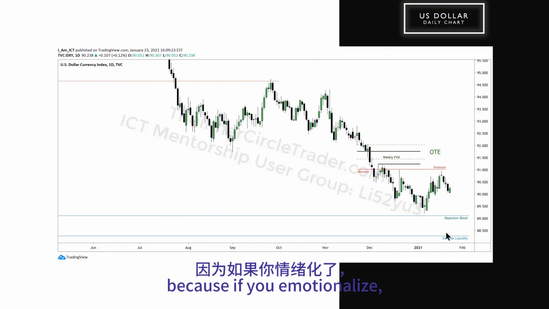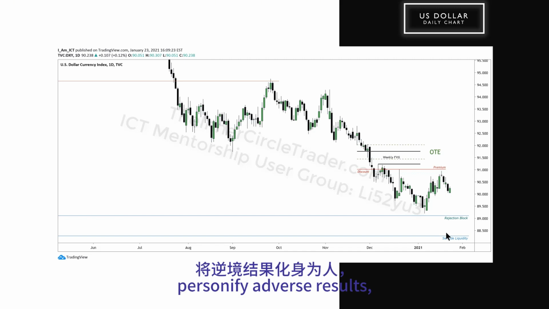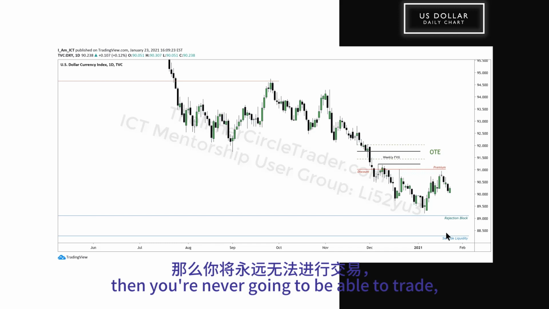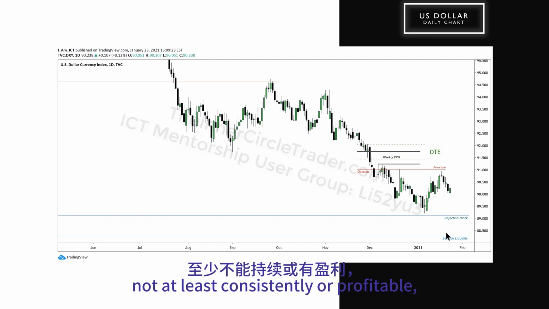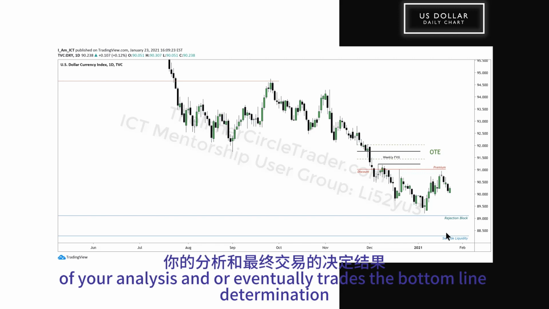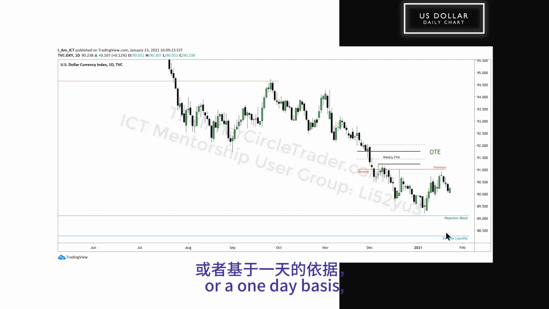Because if you emotionalize or personify adverse results, then you're never going to be able to trade, at least not consistently or profitably, because you're making the result of your analysis and eventually trades the bottom line determination of whether you're successful or not on a one transaction basis, a one day basis, or a one week basis.